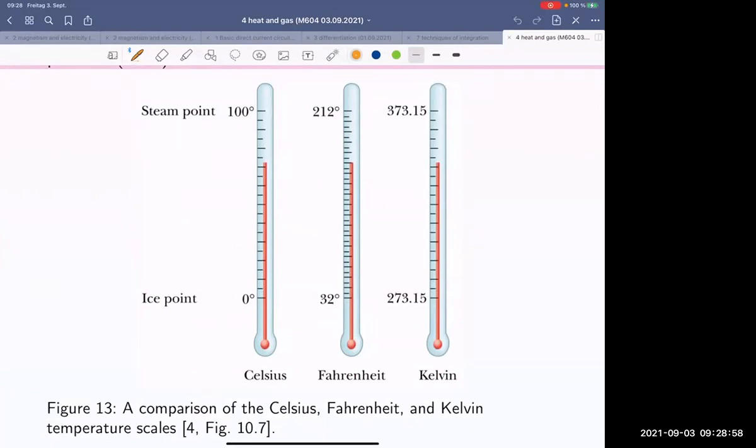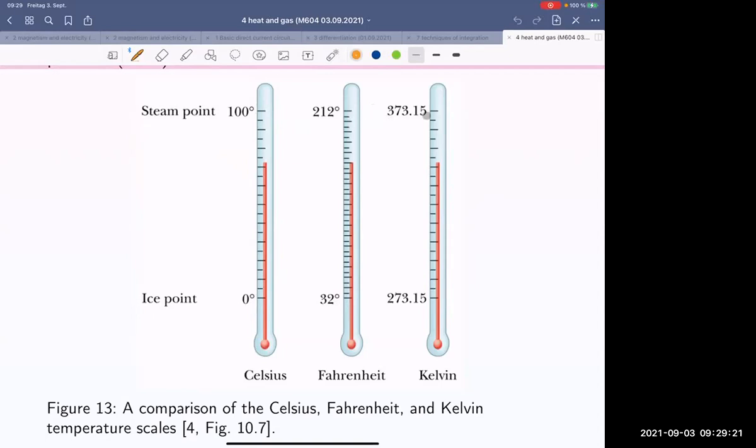D by 5, R by 4, right? That's the equation. The boiling point of water at standard pressure is 100 degrees Celsius, and the freezing point of water is 0 degrees, equivalent to 32 degrees Fahrenheit, and 212 degrees Fahrenheit for boiling.